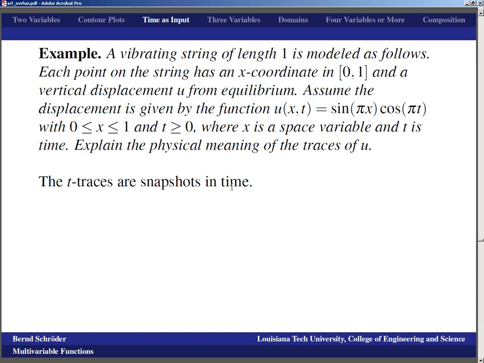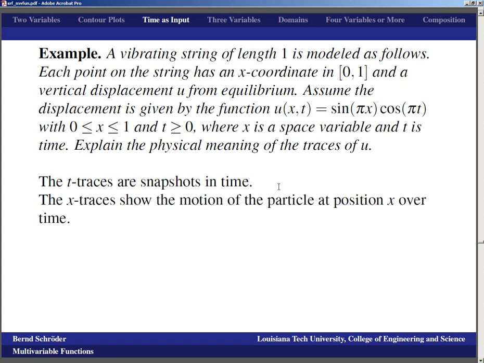So we're basically getting a snapshot in time, and what we're getting are sine functions. We're going with x from 0 to 1, so the input of the sine function goes from 0 to pi, so we just get an upper or lower wave of a sine function that is scaled in a certain way depending on what the cosine pi t gives us as an amplitude factor. So those are snapshots in time.